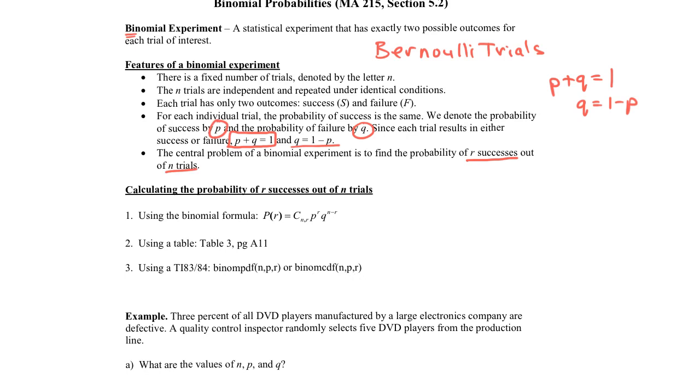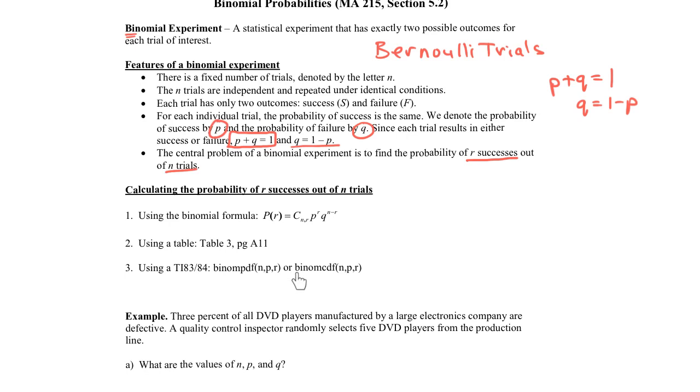So when we talked about probability distributions in 5.1, we said we could have a probability distribution table, right? We could have a table as long as we have a discrete distribution. And then we took that table and made it into a graph. And then this is just a probability distribution function. So here's what this stands for: binomial PDF, probability distribution function.